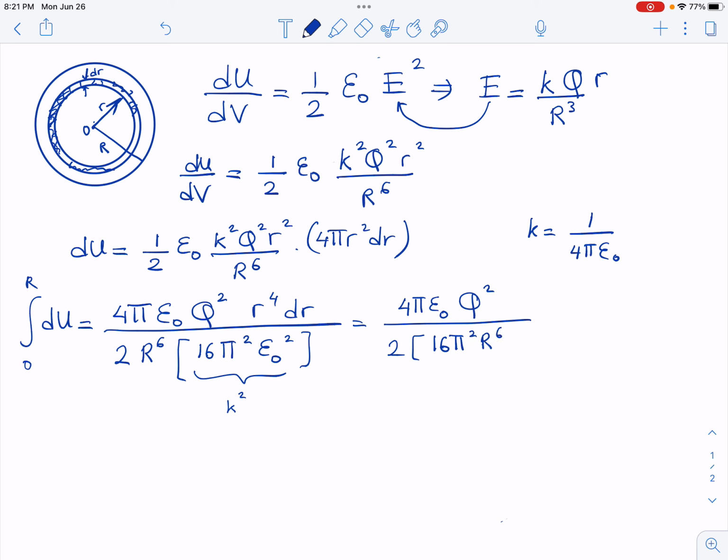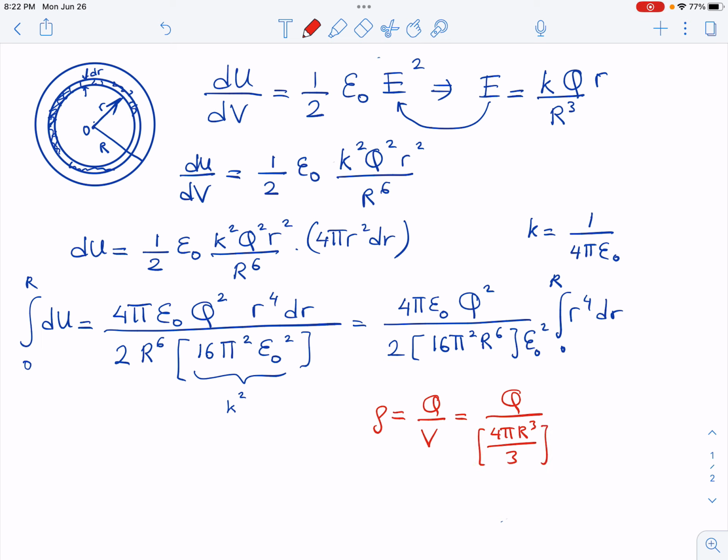R to the 6th here, and epsilon naught out, and r to the 4th dr from 0 to r. And now at this point I want to go back to rho. Remember rho, the density? That's q over volume, which is q over 4 pi r cubed over 3.